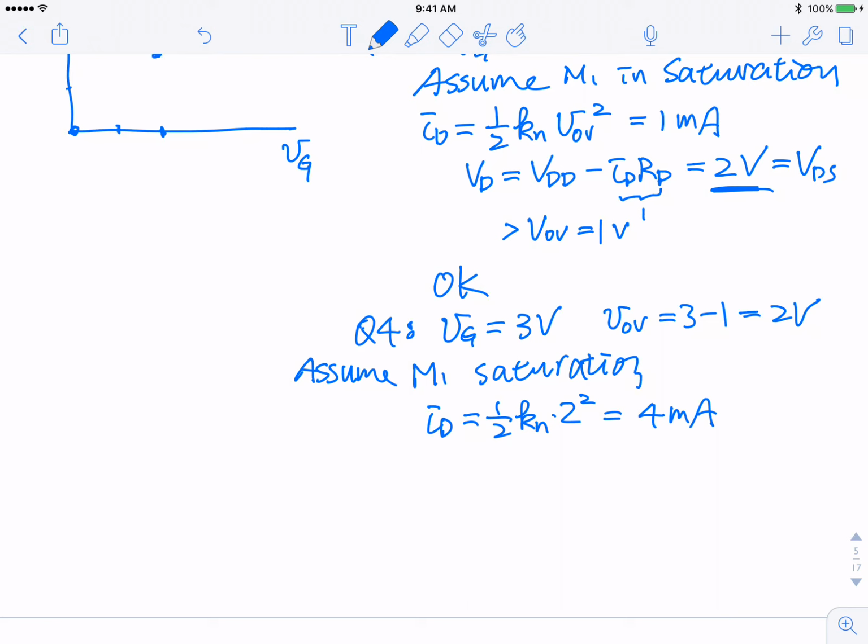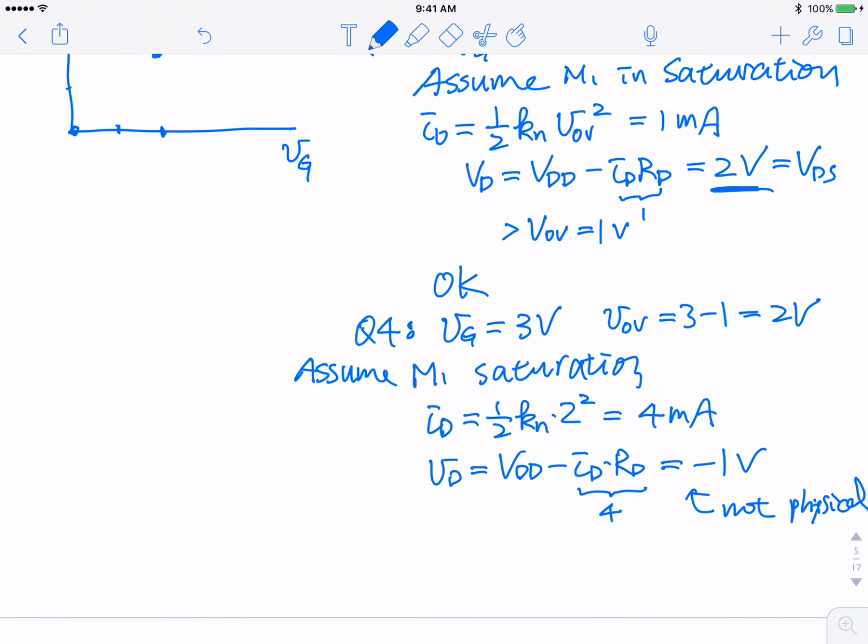Okay, now we go back to calculate Vd. Vd is now Vdd minus Id times Rd. So this is 4 milliamp times 1 kilo ohm, that's 4 volt. So this becomes minus 1 volt, so this is obviously wrong. This is not physical, okay?